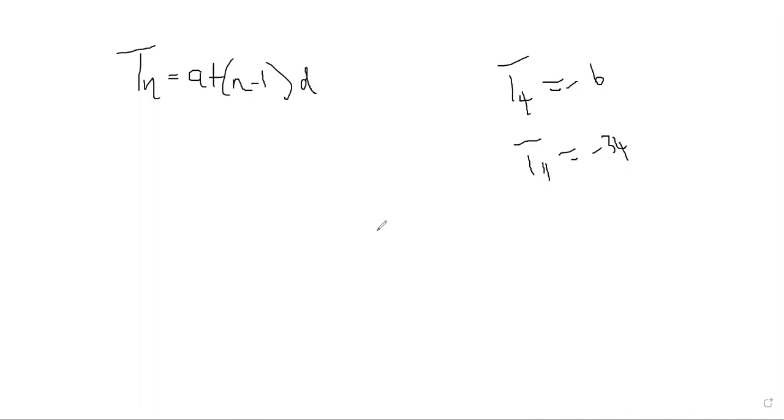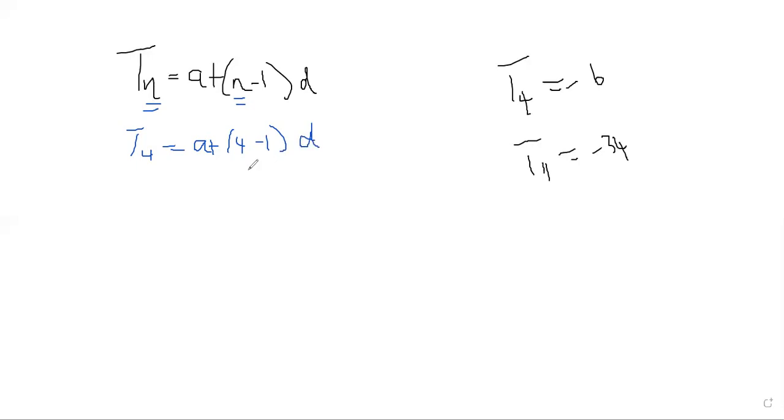You were given that term 4 is equal to -6, so if we substitute 4 wherever we see n: this is a, our first term, which we don't have, and then we put 4 minus 1, because n is 4. We are dealing with term 4, right? The difference for now we don't know. So what is 4 minus 1? That is 3, right?